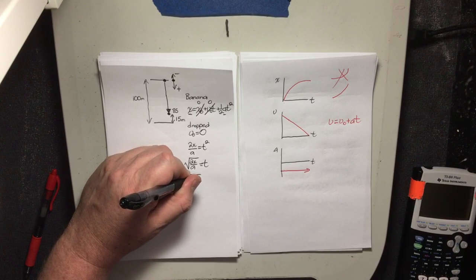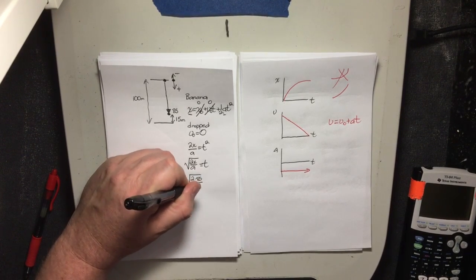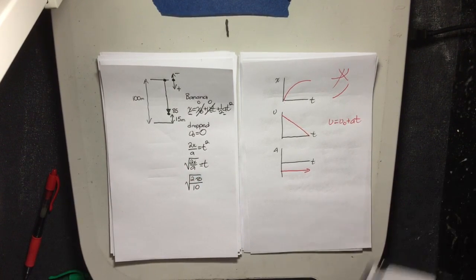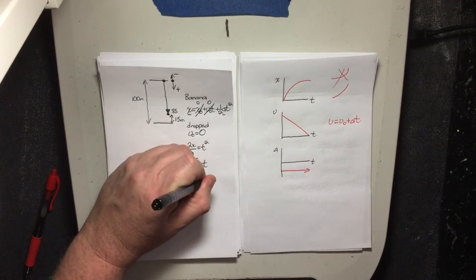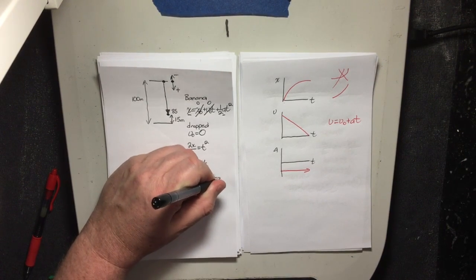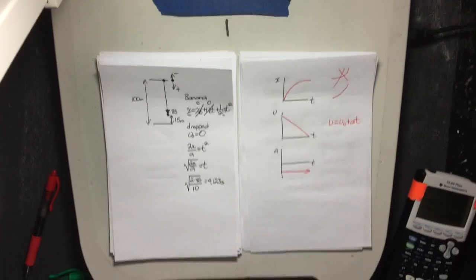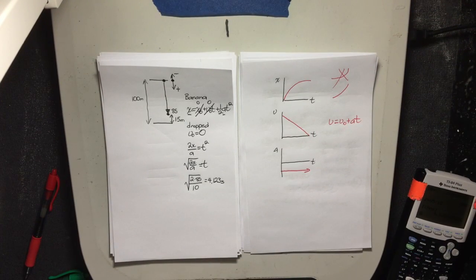So 2 times 85 times 10, not negative 10, because down is positive in this case. That gives 4.123 seconds. That was the time it took for the banana to fall to where it was caught.